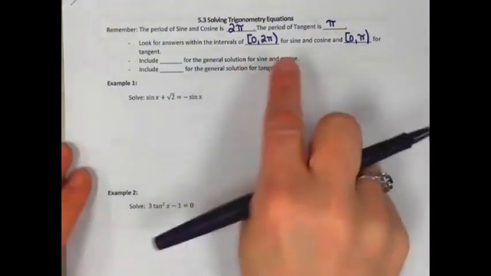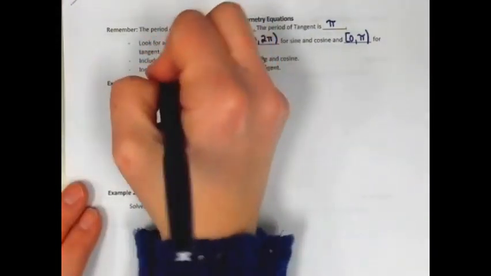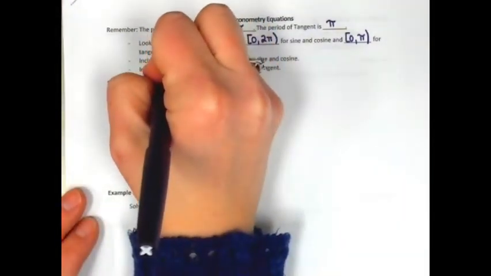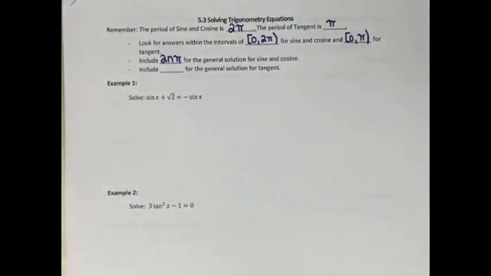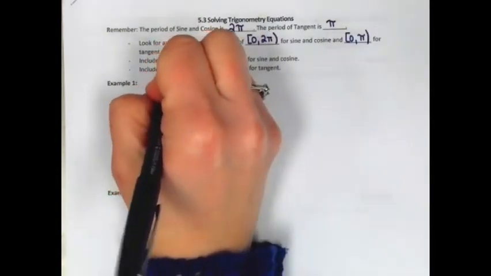So when we're looking at sine and cosine, after we find our solutions, we need to add on 2n times pi, right? Because if I go another term, we add on another 2 pi. So it keeps continuing from that. And for tangent, it's just going to be n times pi, okay? So that will include everything within our sine curve because it is a continuous curve.